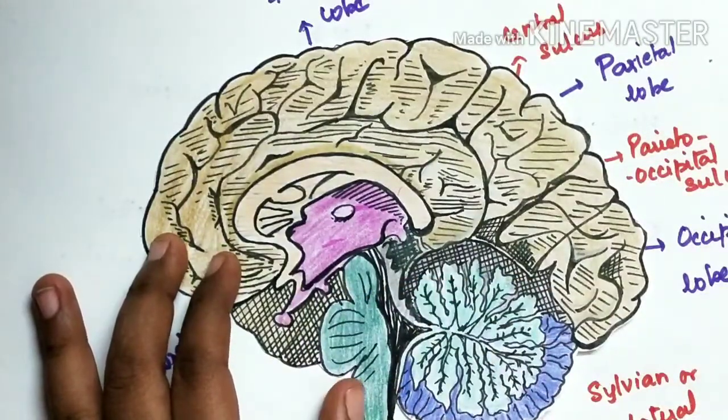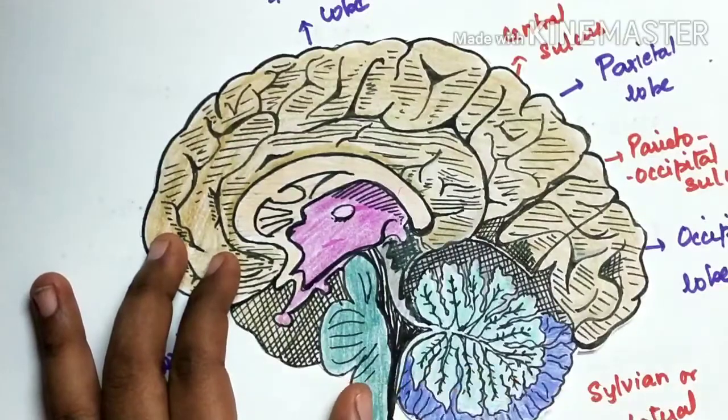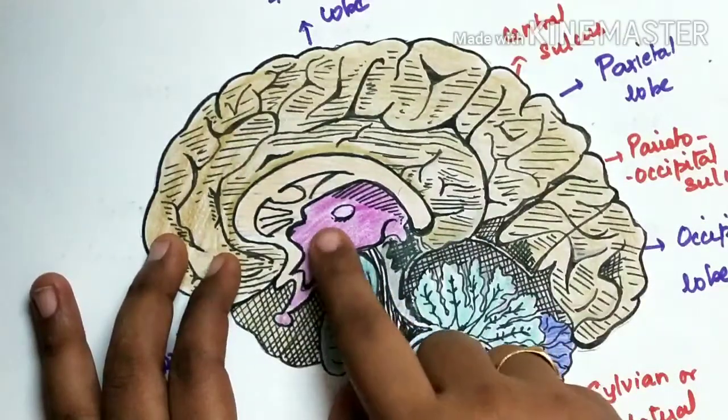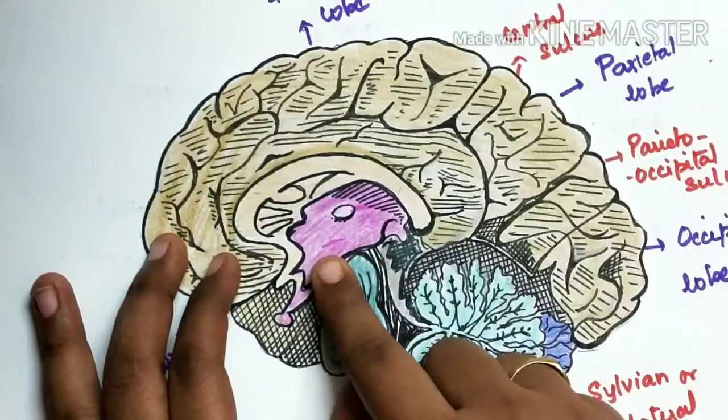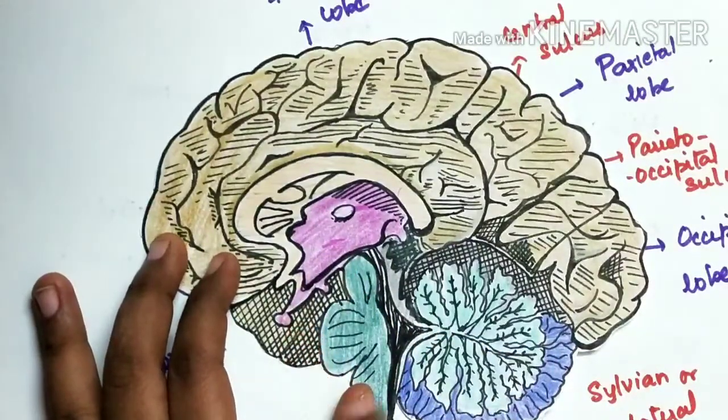Then comes our medulla oblongata, which continues to the cord, and here the thalamus, hypothalamus, and our pituitary gland are present.